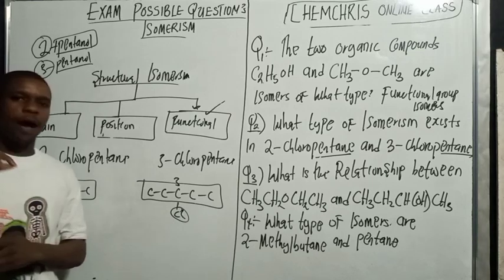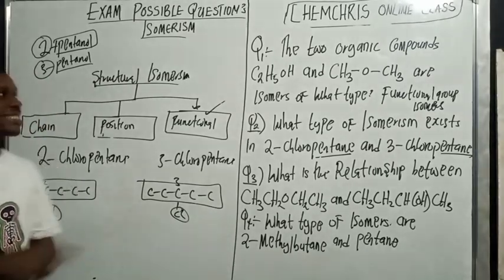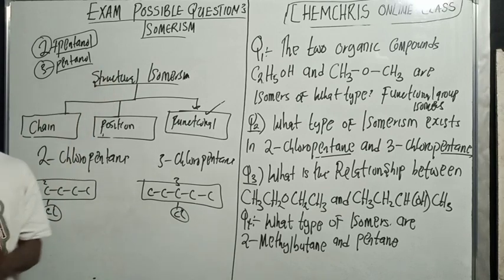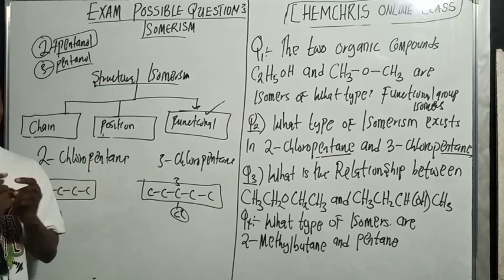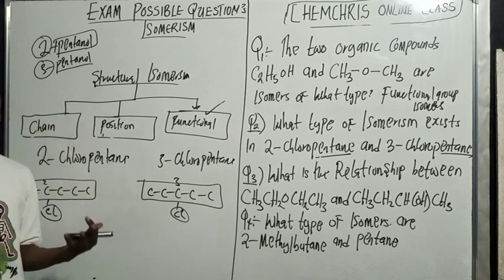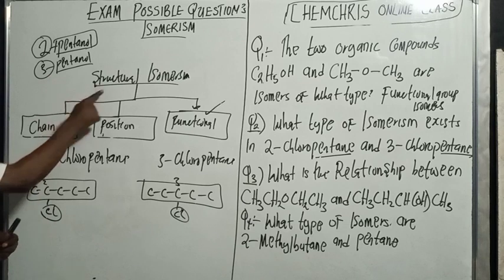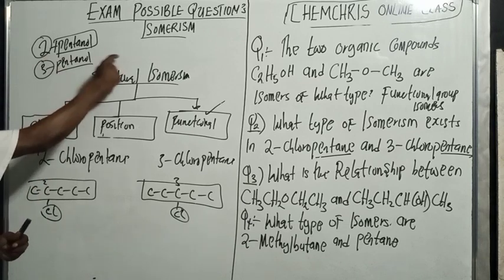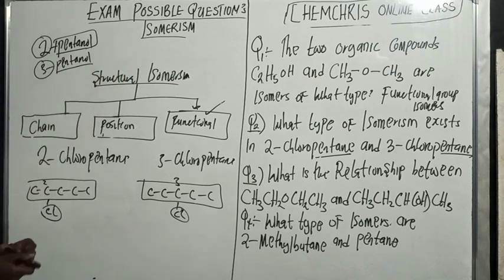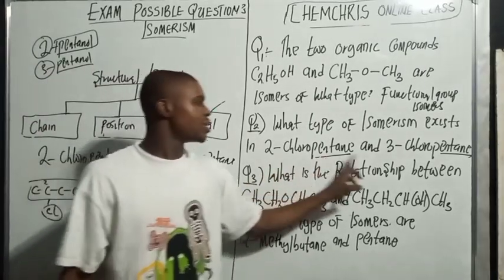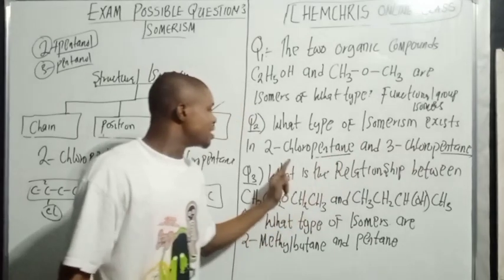If they ask in the exam what type of isomerism exists here, it's under structural isomerism, but they want you to be specific. It's not enough to just say structural isomerism. The type of structural isomerism that exists is called positional isomerism. Same here: 2-chloropentane, 3-chloropentane.